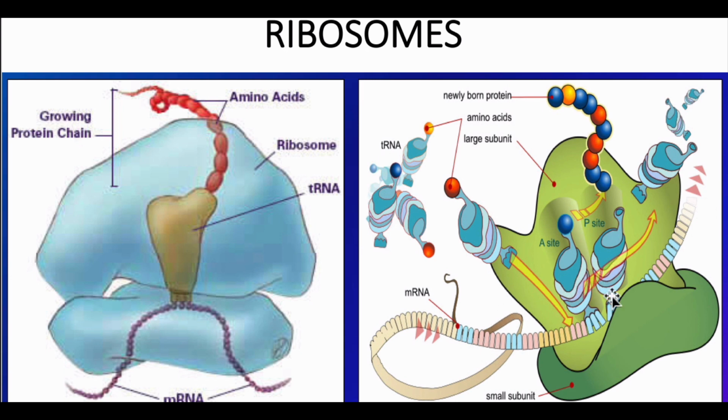So as the genetic information is being read, amino acids are being added on from one site and being moved over to the other side. The reading gets done over here, an amino acid gets attached, then it gets pushed along. Another codon gets read, an amino acid gets brought in, and it gets transferred over to the P site, where it adds on to the amino acid before it.